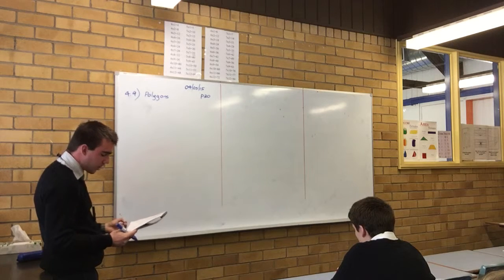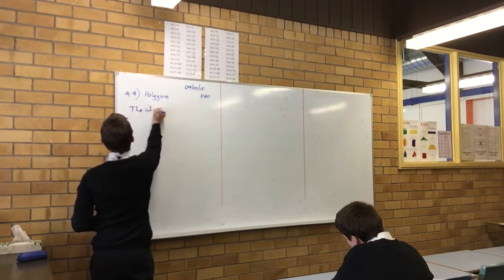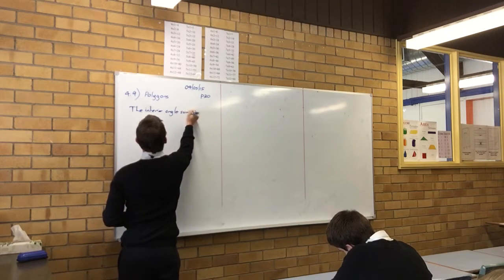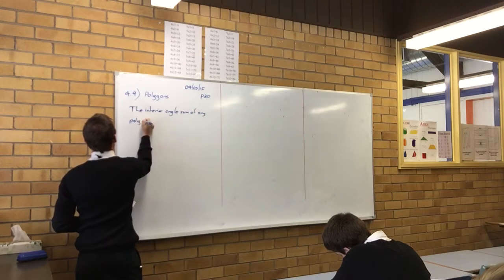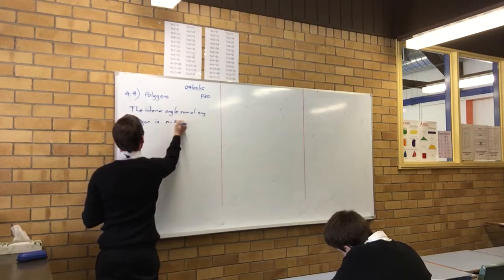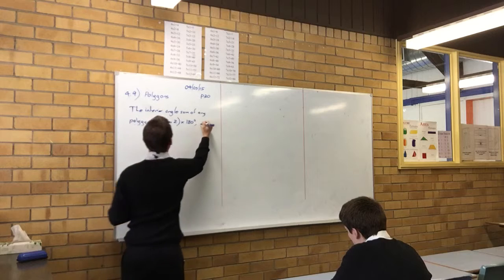So the first thing we need to talk about is the interior angle sum of a polygon. So the interior angle sum of any polygon is (n − 2) times 180 degrees.